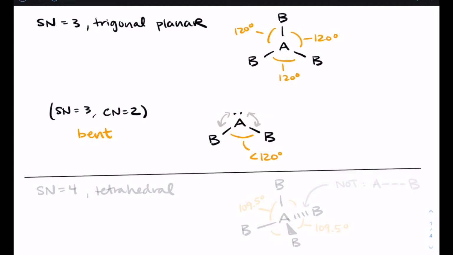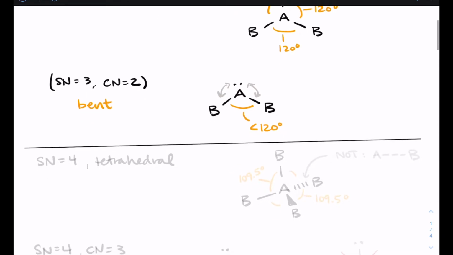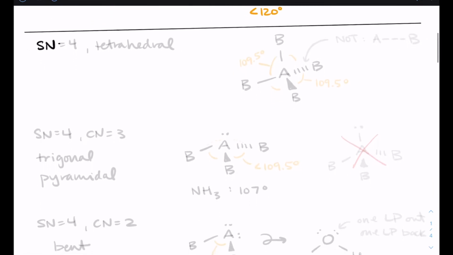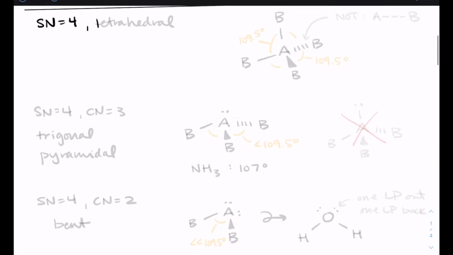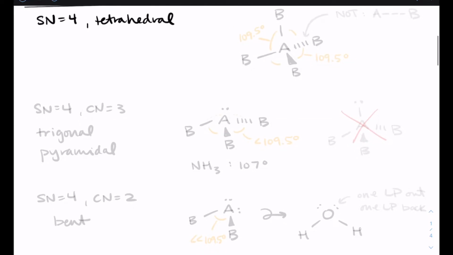Okay, let's do steric number 4, which is tetrahedral. So 4 things as far apart as they can get in 3D space means they are 109.5 degrees apart. So I have A in the middle.